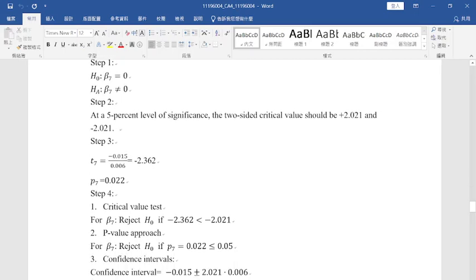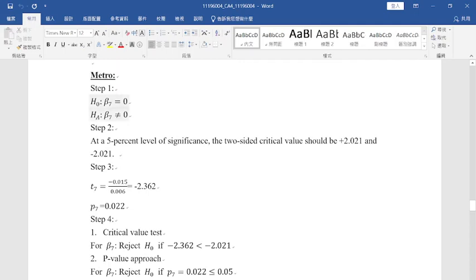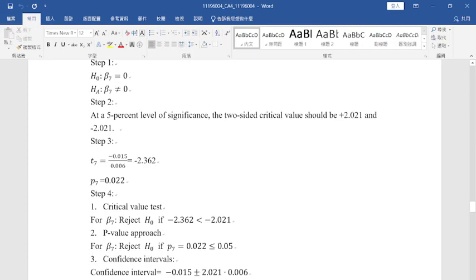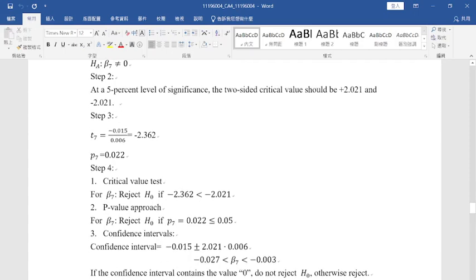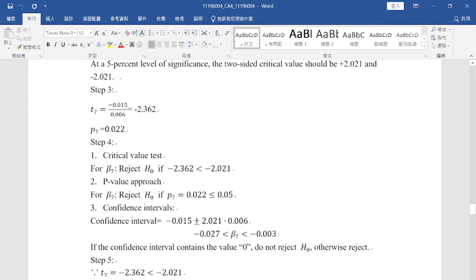Okay, metro. Because it is two-sided, we hypothesize that the null hypothesis is beta 7 equal to 0, and the alternative is not equal to 0. And due to the two-sided test, according to the table, the critical value should be positive 2.021 and negative 2.021.